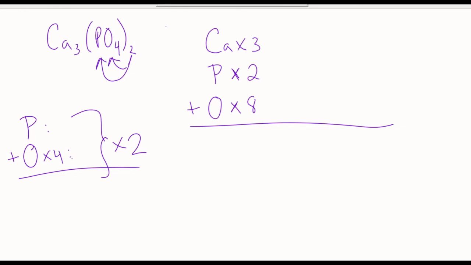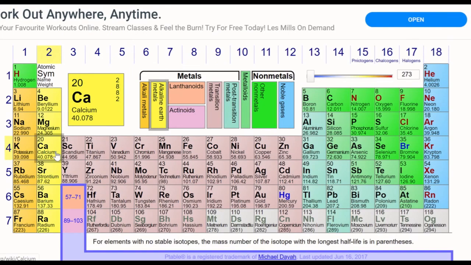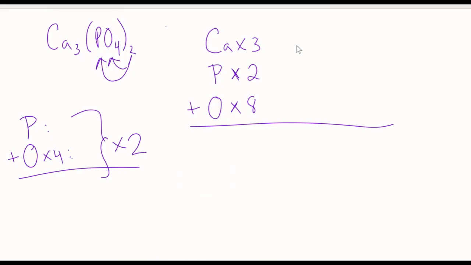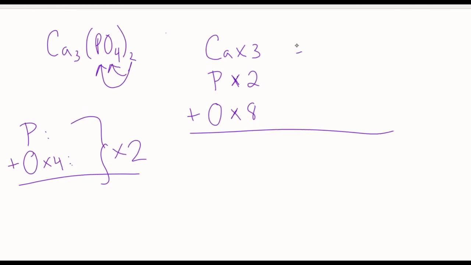We're going to find each of those little individual pieces on the periodic table. Calcium is 40.078, and that's going to be multiplied by 3 because we have 3 of them. Oxygen is 16, and there's 8 of them.